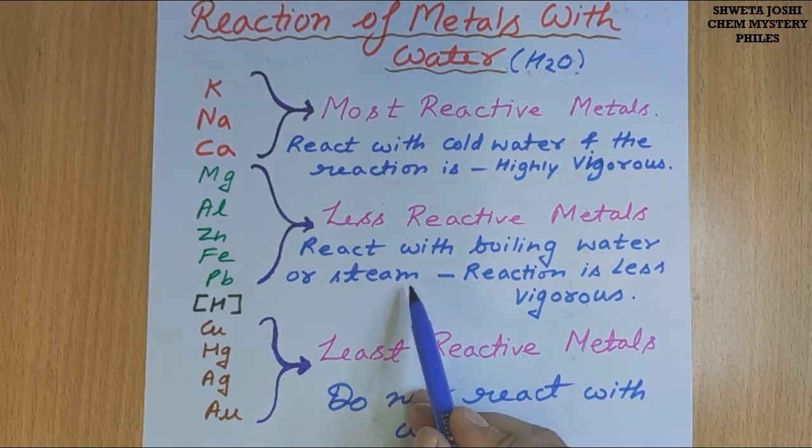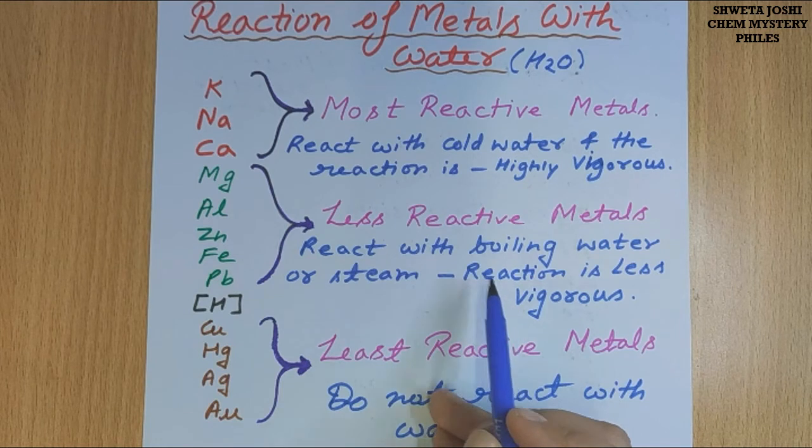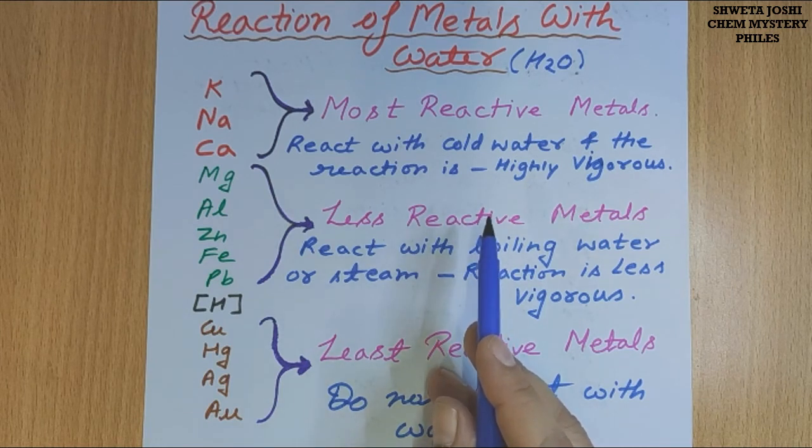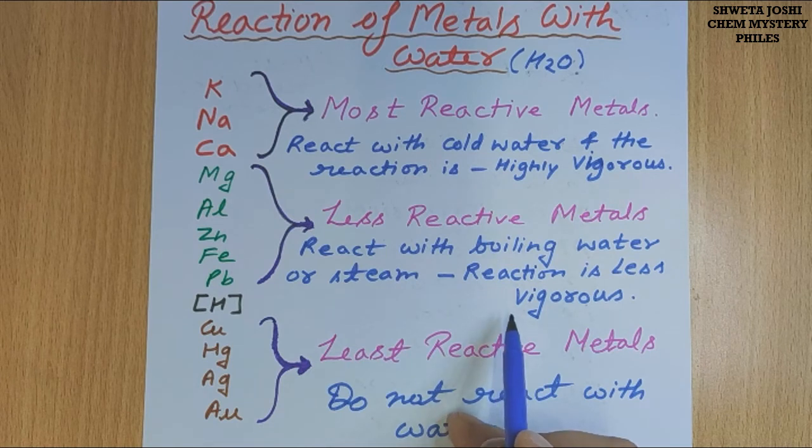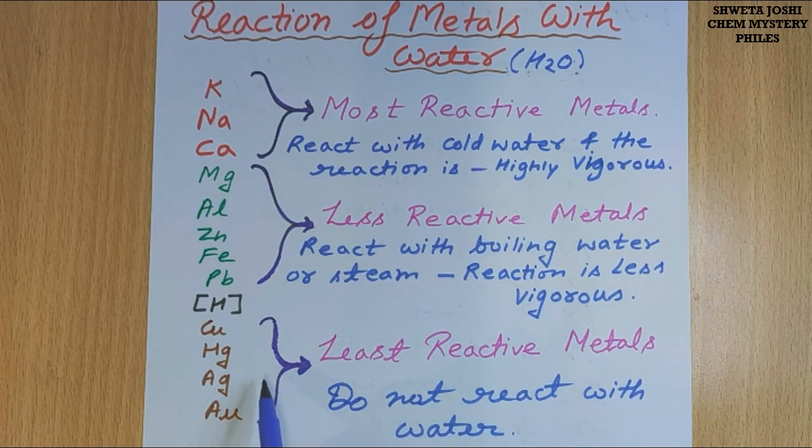The reaction is less vigorous as compared to the metals which are placed at the top of the series. Less vigorous reaction means the reaction is less violent in nature. Now, the elements which are placed below hydrogen in the metal activity series are the least reactive metals. Since these are least reactive metal, they do not react with the water.